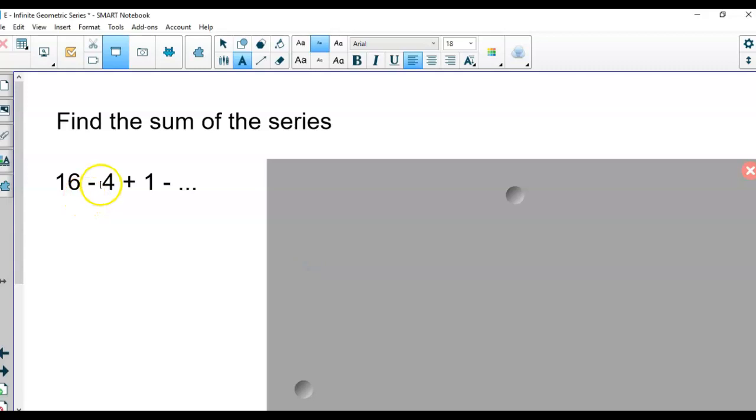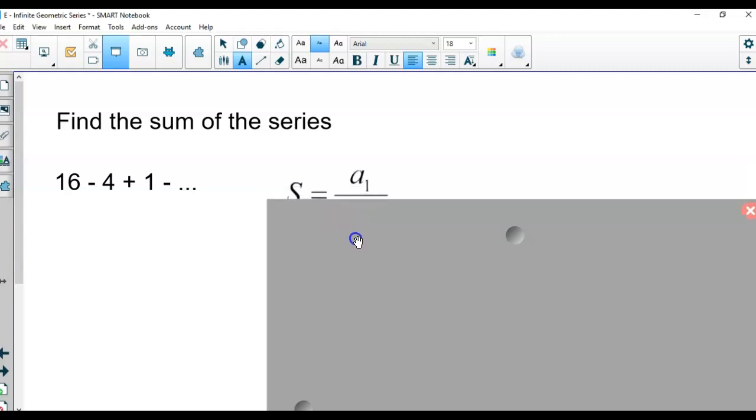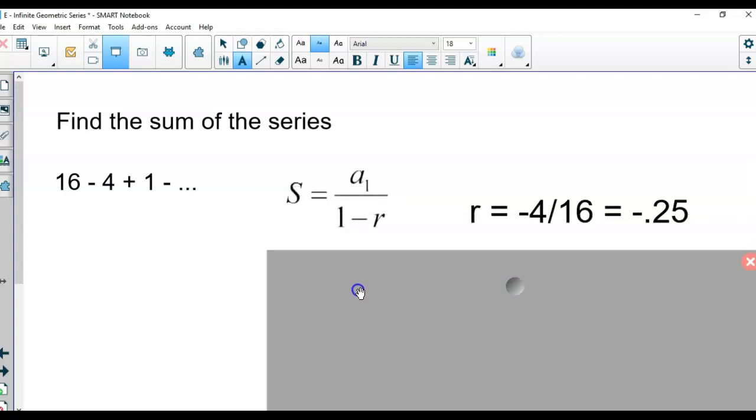We have 16 minus 4 plus 1 minus ... So it is infinite, okay? We're going to find that common ratio right now. And we really want to double check too, can we actually find the sum of this series? Now it does work on this one, but just in the future, you should double check that. So step 1 always is find that common ratio.